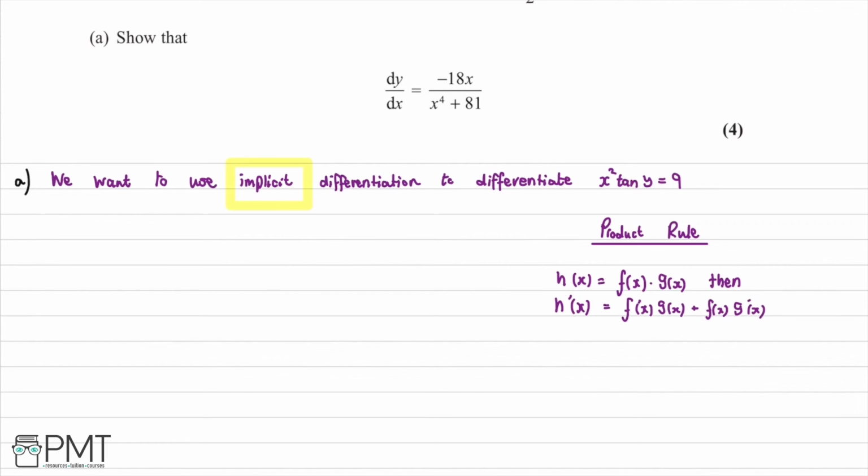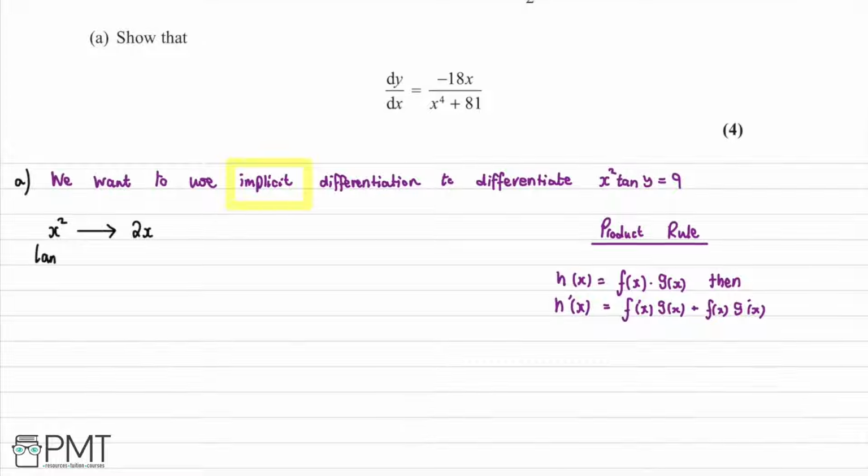So how are we going to do this? We know we need to use the product rule. If we have a function which is composed of one function multiplied by another function, then we can use this formula here to work out the derivative. So x squared is going to differentiate to 2x.